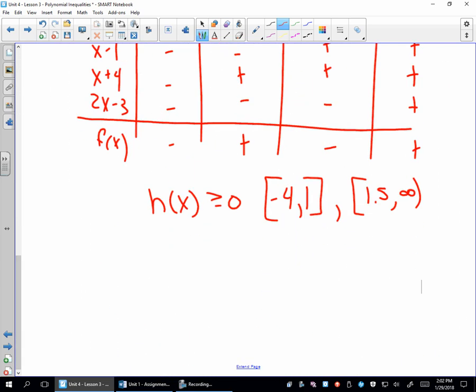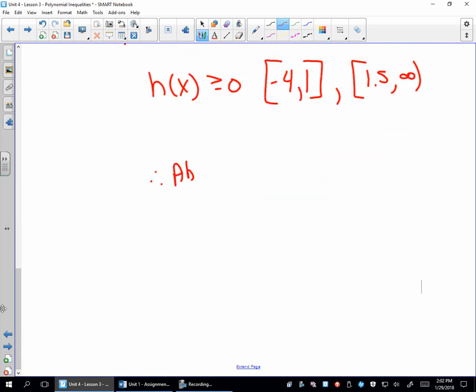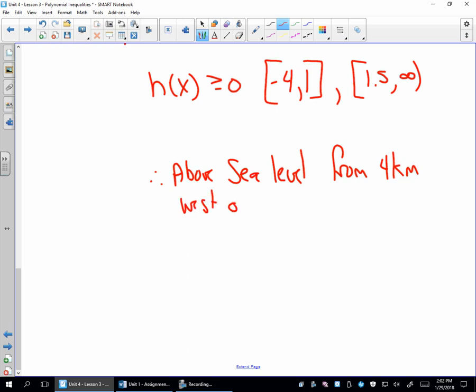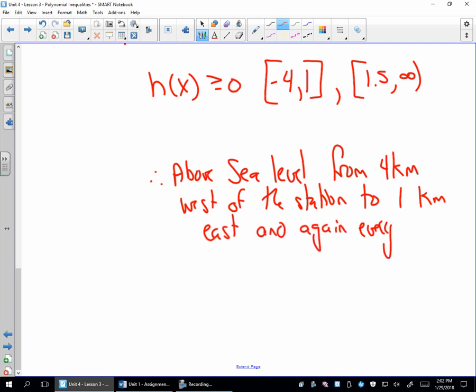So we could say we're above sea level from 4 kilometers west of the station to 1 kilometer east, and again everywhere more than 1.5 kilometers east of the station.